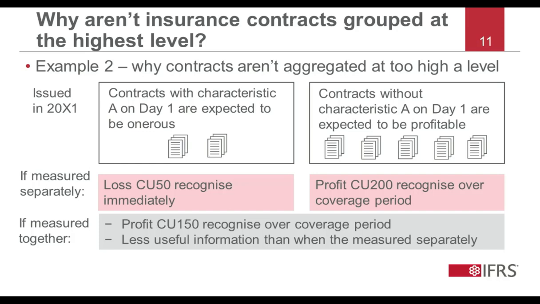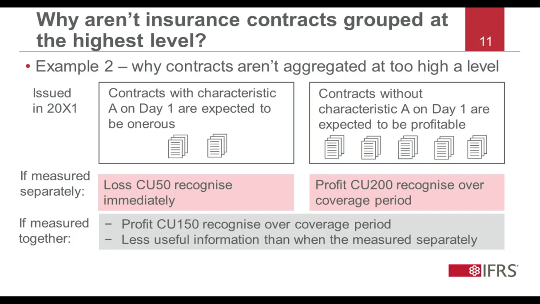In contrast, if policyholders with characteristic A were measured together with other policyholders and formed the same group, the unearned profit of the larger group would be CU150. That unearned profit will be recognized over the coverage period.